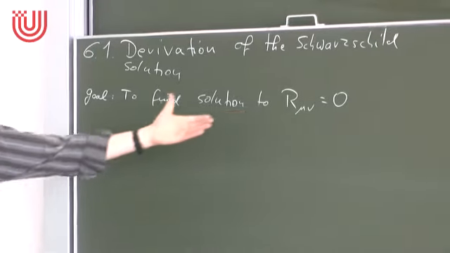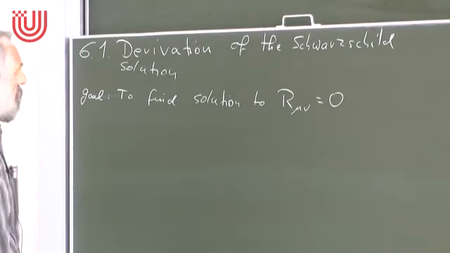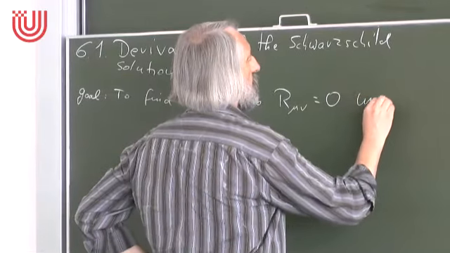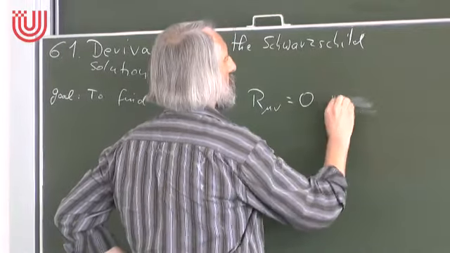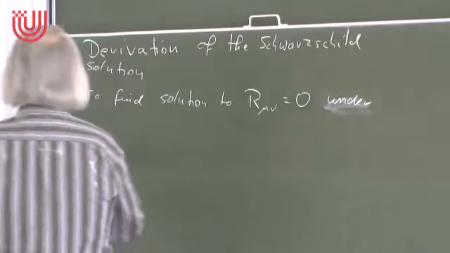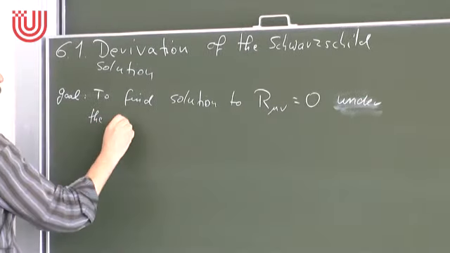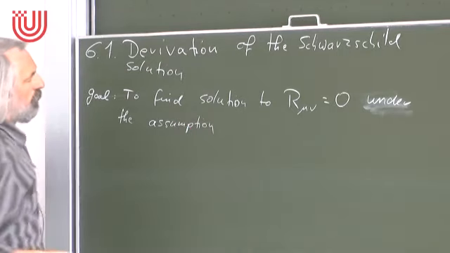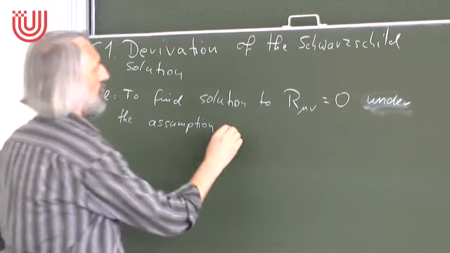That's a vacuum field equation without a cosmological constant. And we want to do this under the assumption of spherical symmetry. So we will have to talk about what it means that a metric is spherically symmetric.